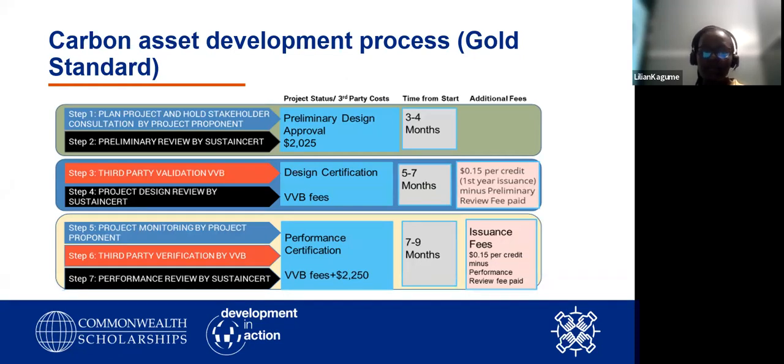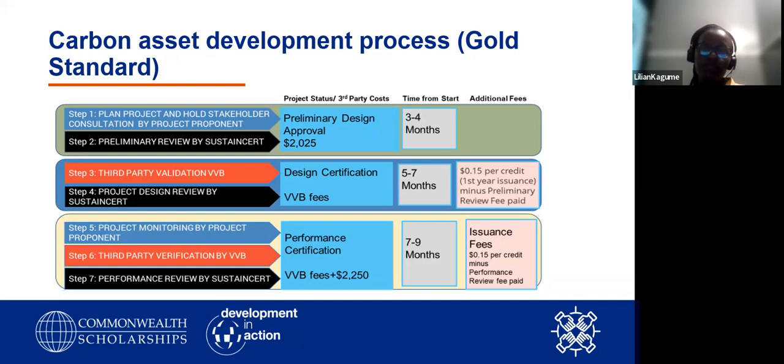So after the verification, they will issue a verification report, either with a positive or negative opinion, and this will go to the Gold Standard for what we call performance review. So the performance certification process, again, depending on so many factors, can take between 7 to 9 months. And the fees associated with this, again, is $22.50 USD.